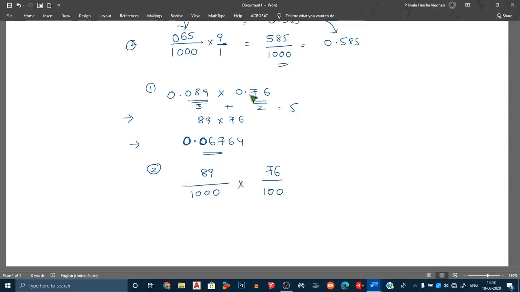Here after the decimal point, 2 digits are there, so you write the denominator 1 followed by 2 zeros, which is 100. Now you can multiply these two fractions normally. 89 into 76 is 6764. The denominator will be 1 lakh, which has 5 zeros.